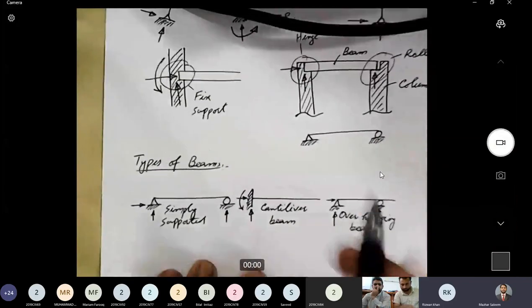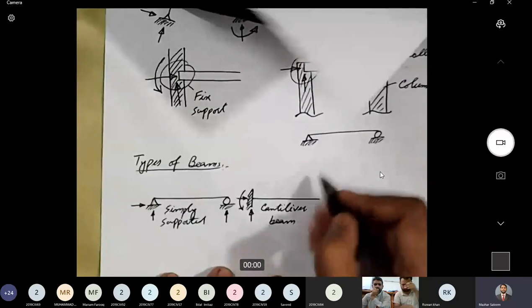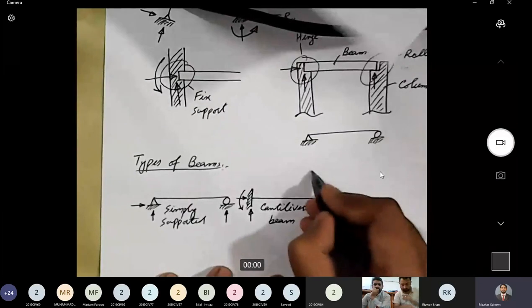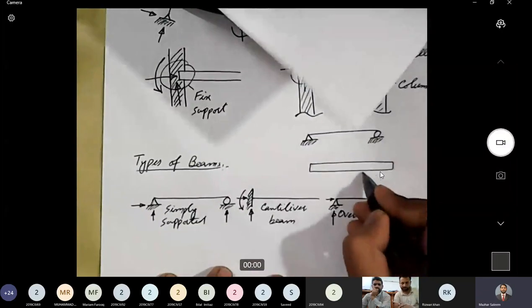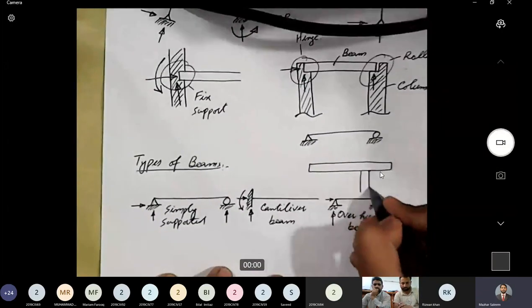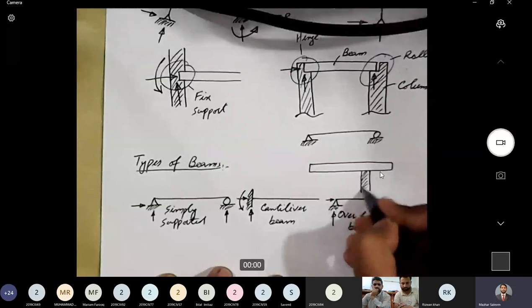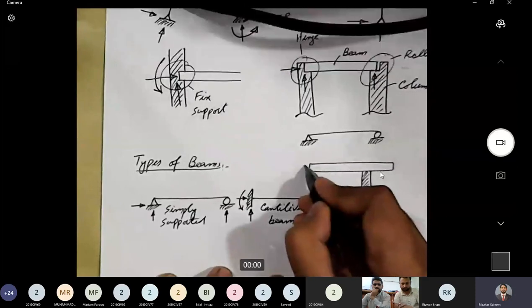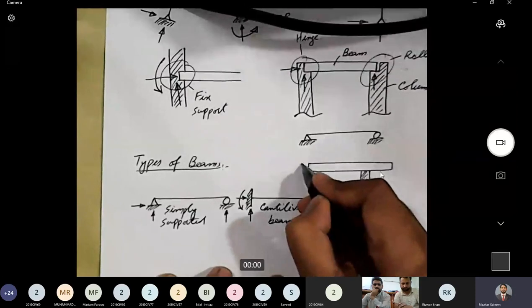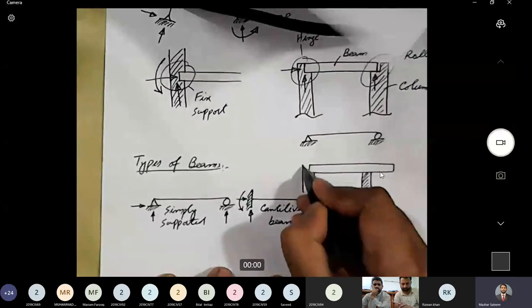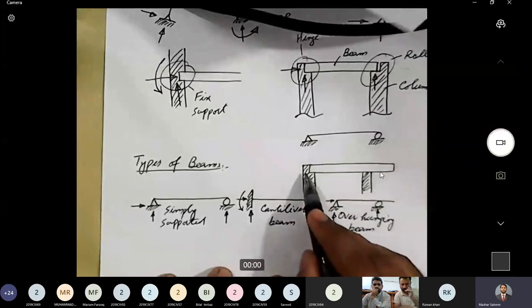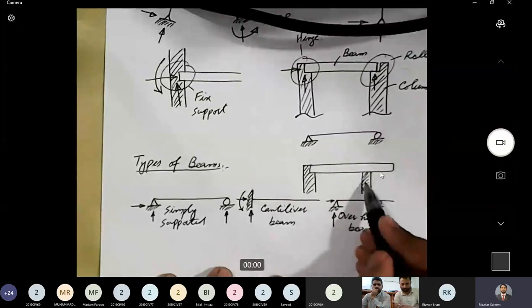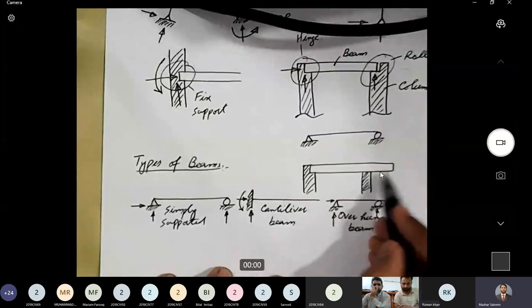Okay, if I draw the overhanging part, it will be like this. The column is here, and on this column the beam is resting. So this is a hinge support, this is a roller support, and this is the overhang part.